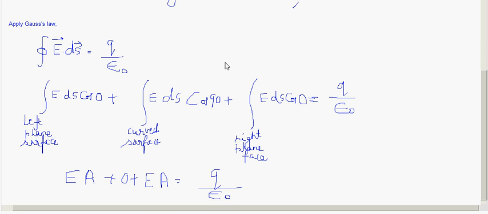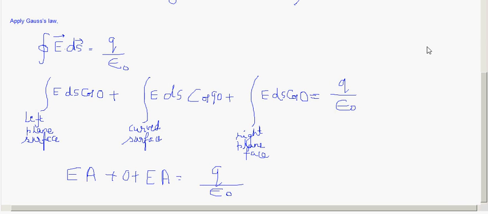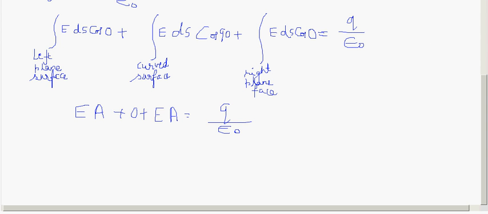So EA plus EA is 2EA equal to Q divided by epsilon naught.